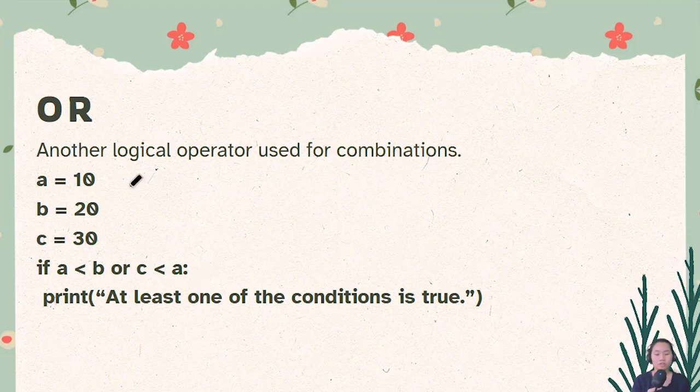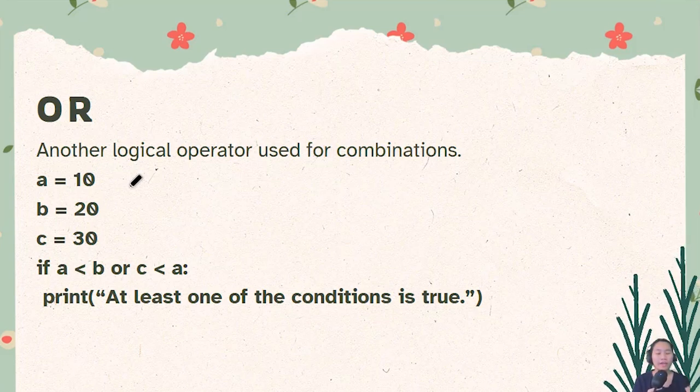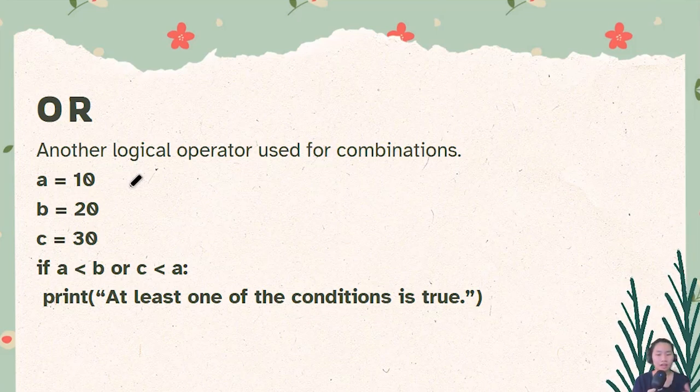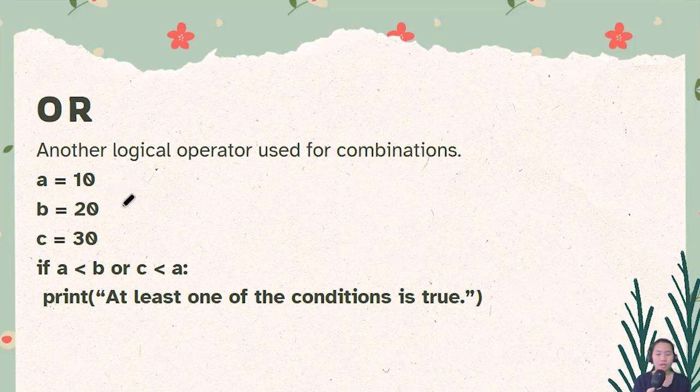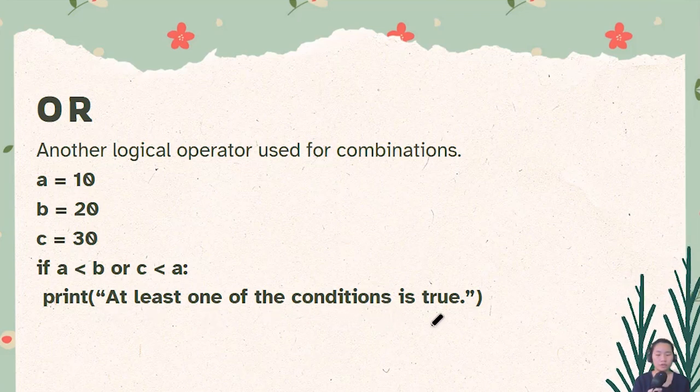But so next up, another logical operator, just like and, we have or. So for and, both conditions must be true. However, with or, only one needs to be true, okay? Only one is good enough. So I have the same A, B, and C here. If A is less than B or C is less than A, print at least one condition is true, okay?